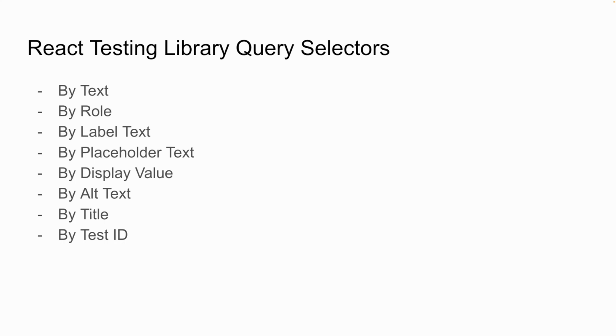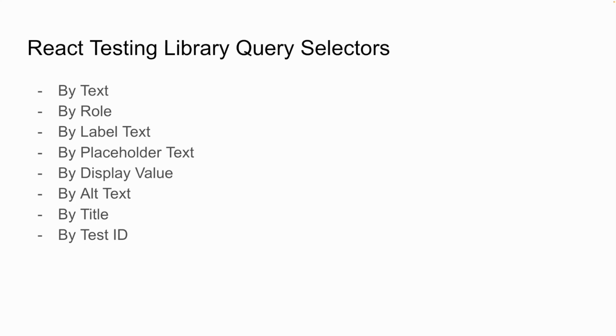In RTL, when we want to grab something on the page, it's called a query. Now, as I said before, React Testing Library really tries to restrict you to only interacting with your components the same way your users will. Because of that, it only allows you to select elements based on items that are visible. Either visible to the user, like looking at the page with their eyes, or visible to a screen reader via various accessibility options.